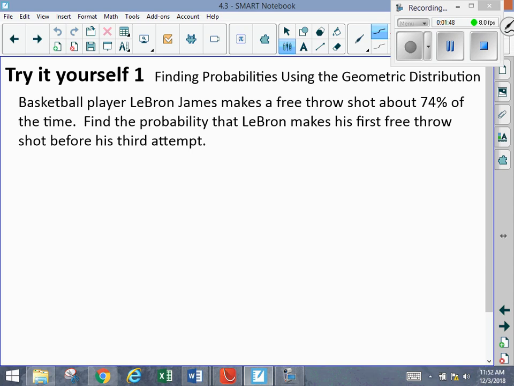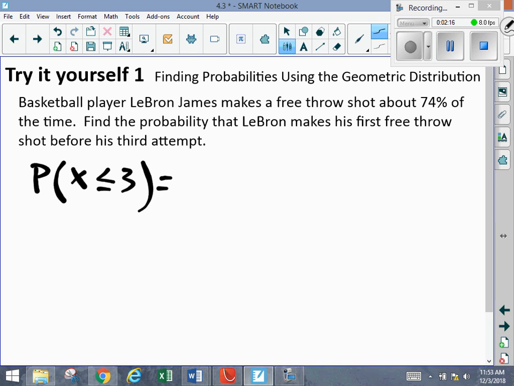So, we are looking at the probability that X is, sorry, wrong way, less than or equal to 3. Now, I'm not going to put the probability that X is 0, right?